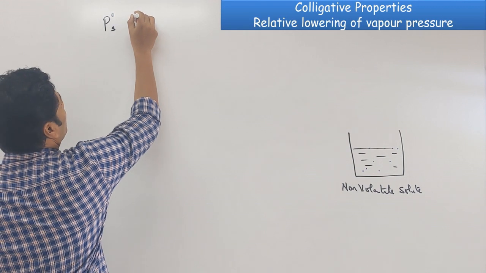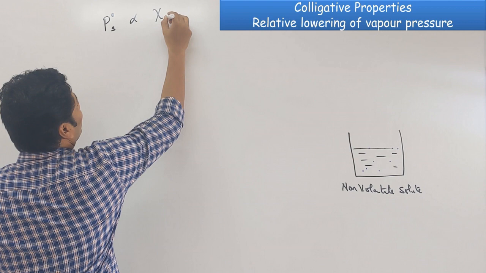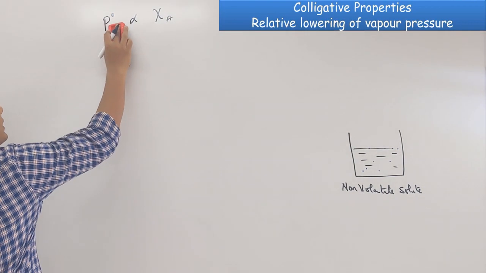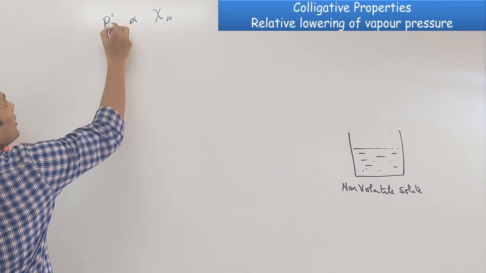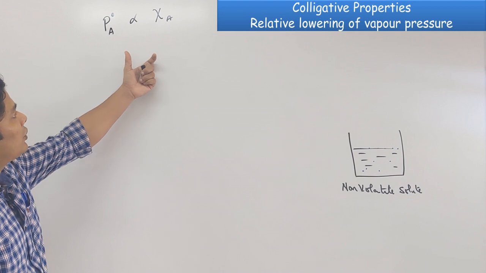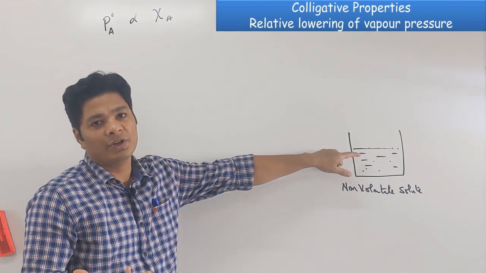P naught S would be proportional to the mole fraction of the solvent, which is A for us. We can use A here as well if you want. Mole fraction of the solvent.